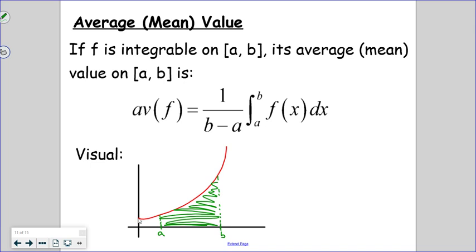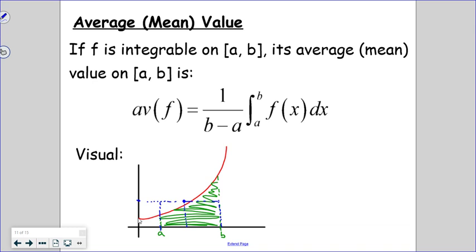Which again, is not necessarily a shape we know, but what the mean value theorem is saying is that there's some value here such that if I were to use this as the height of a rectangle in that same interval from a to b, the area under that blue rectangle would match the area of the green that I have highlighted.